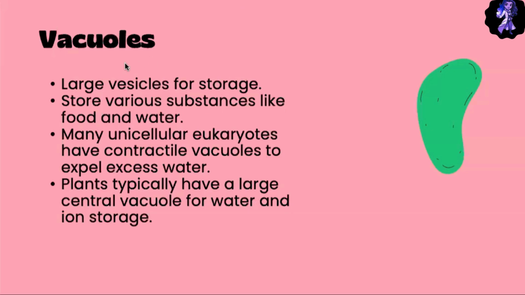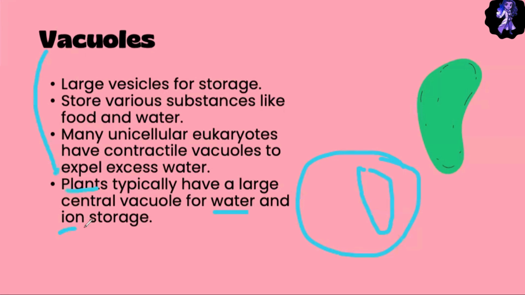Okay, let's talk about vacuoles. Vacuoles are a unique structure that is commonly found in plant cells. So I want you to remember and associate vacuoles with plants, because more than likely, if you were given a question related to vacuoles, it would be noting that it is associated with plants. Vacuoles take up a large chunk of space in the plant cell, and that's because they store a lot of water and ions.